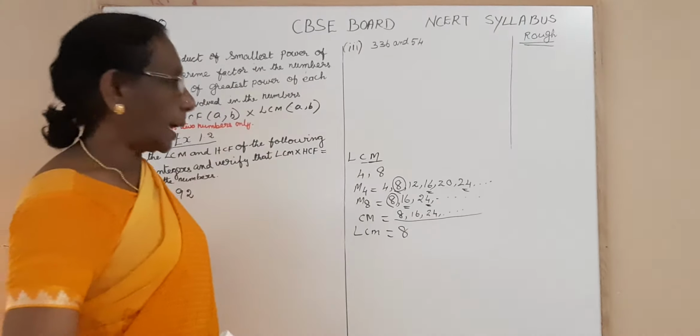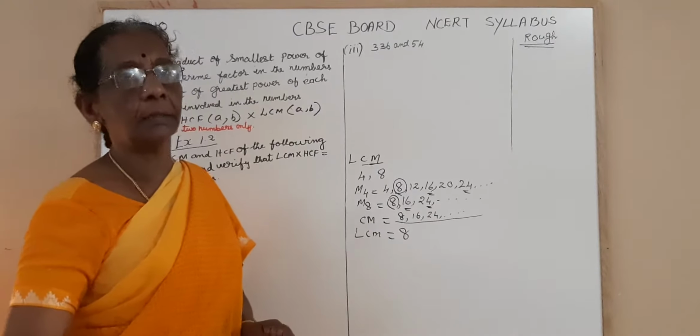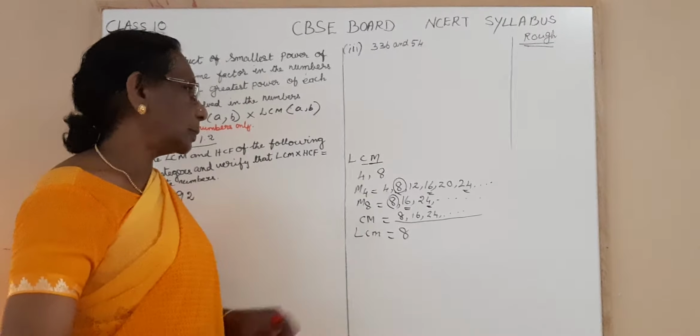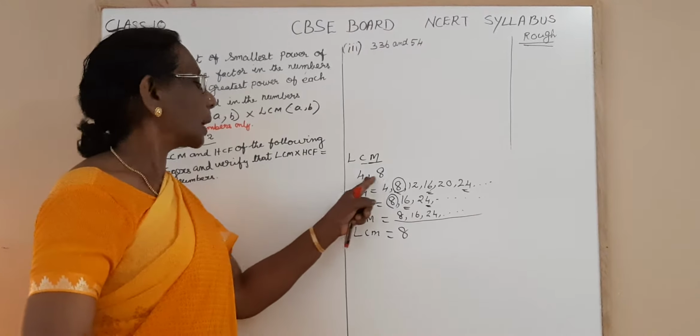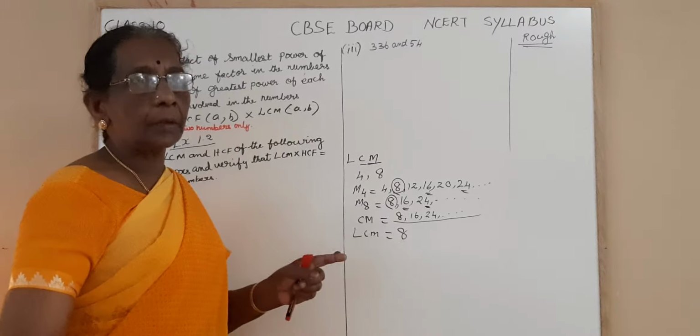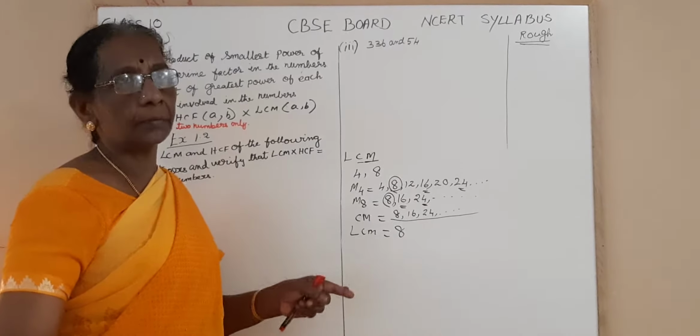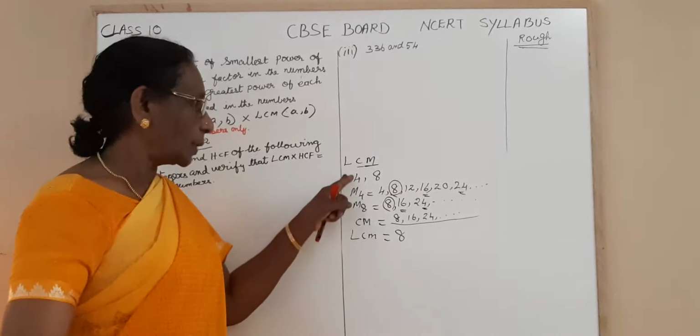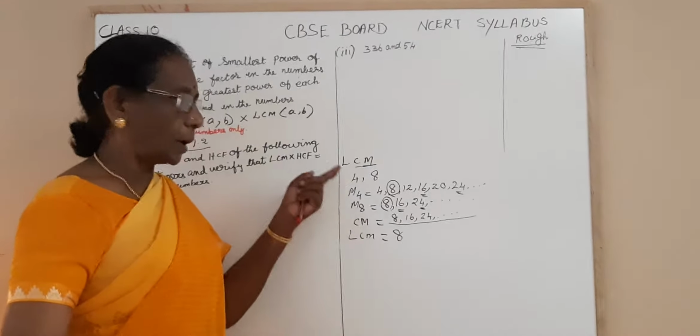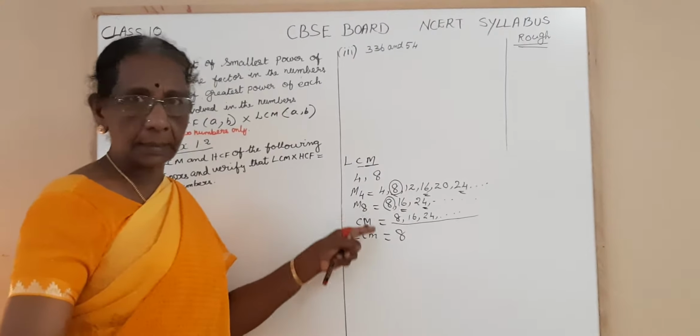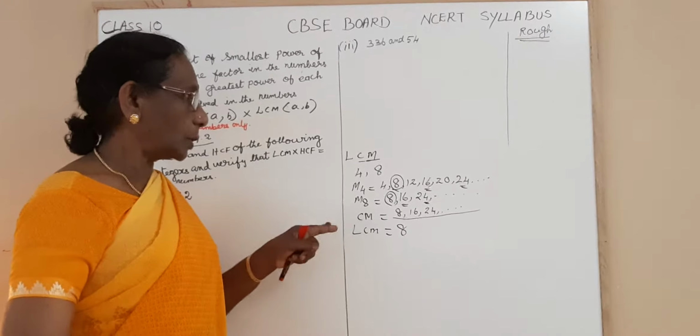Okay, children, there is a shortcut method to find the HCF and LCM. Suppose you see 4 and 8. When you find the LCM and HCF of 4 and 8, we get 4 as the HCF and 8 as the LCM. That's a short method.